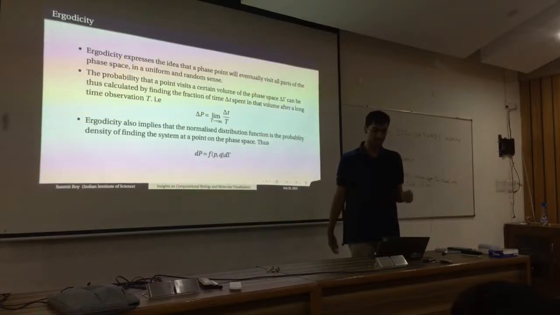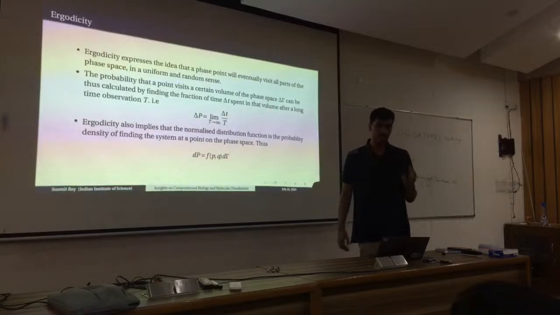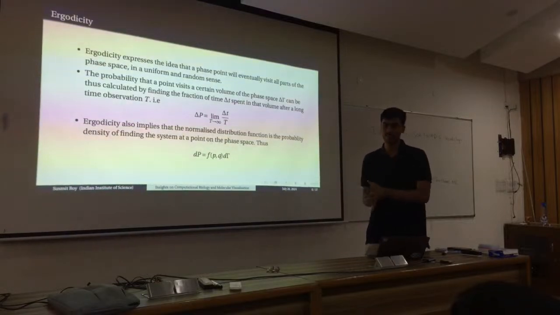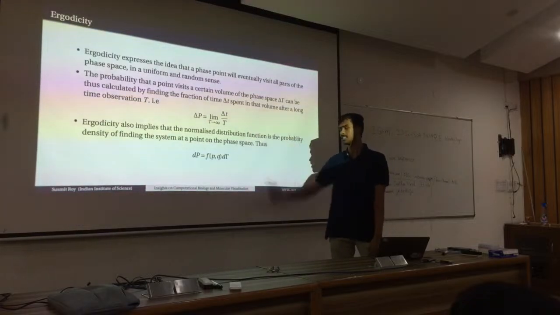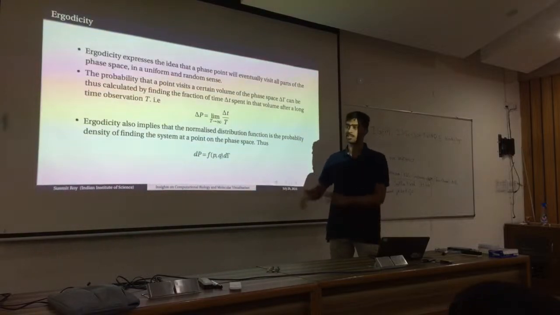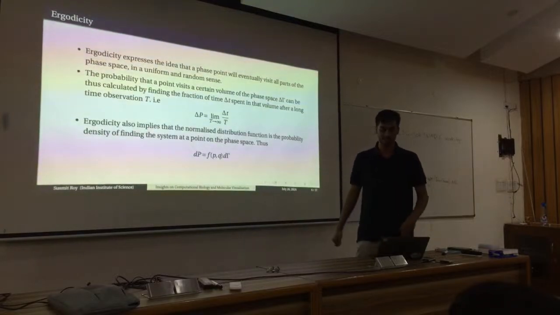If a system is ergodic, you can talk about probabilities of finding the system at a region of phase space, and that you can calculate by the amount of time spent in that region divided by the total time, as you measure for a long time.